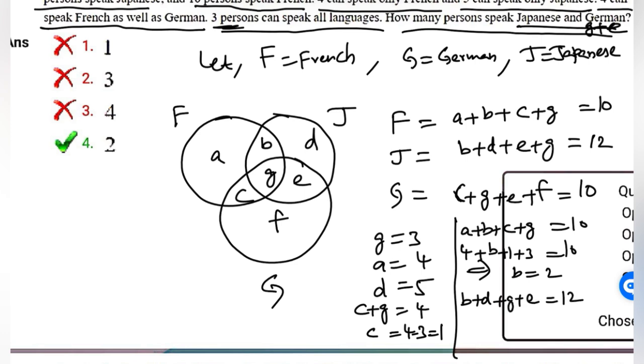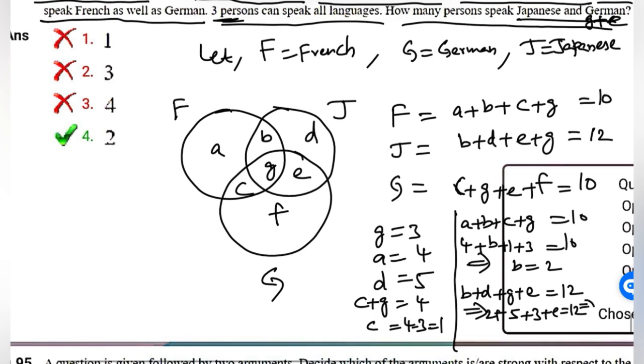That implies 2 plus 5 plus 3 plus E is 12, which means E is equal to 2. Now G plus E is equal to 3 plus 2, that is equal to 5.